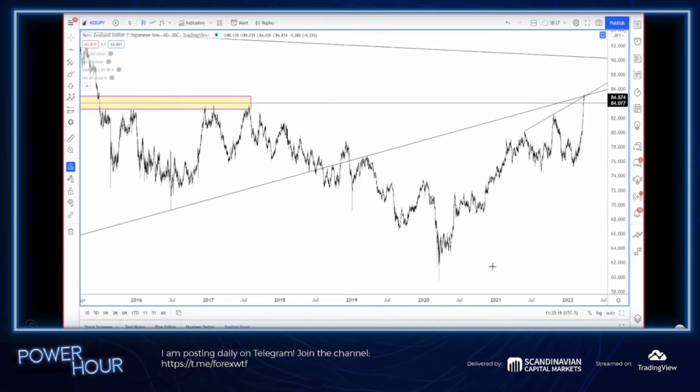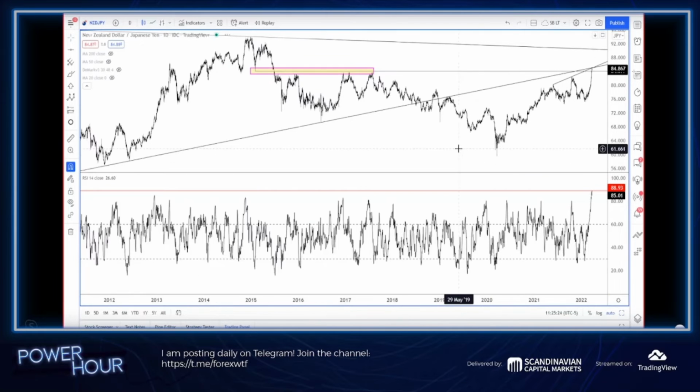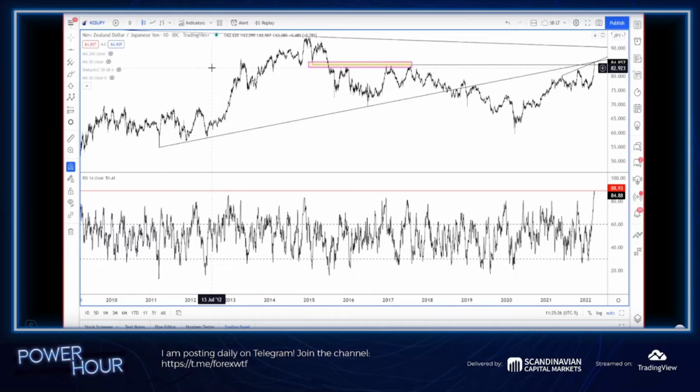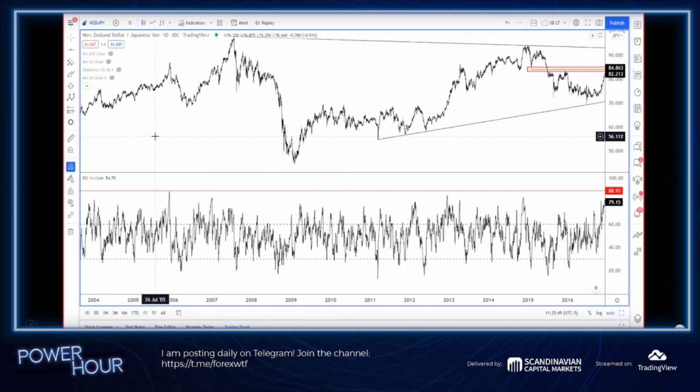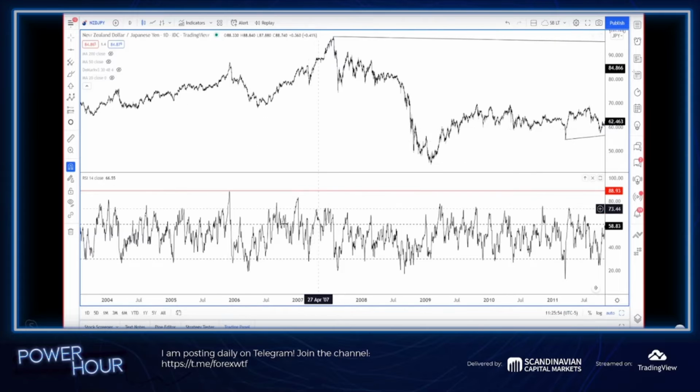I will note, so check this out. And this is the longest term chart I have for Kiwi yen, right? And I think it only goes back to like the 90s or something. But the RSI on the daily, the reading yesterday was 88.93. It's the highest ever. In fact, the only one that's even close was right here, and that was December 5th of 2005.